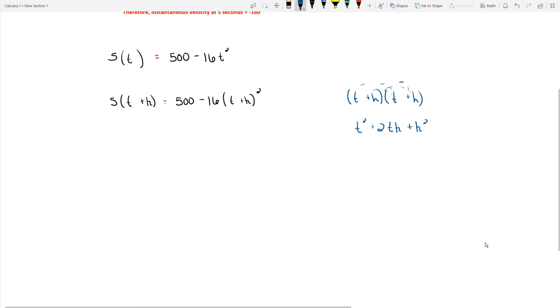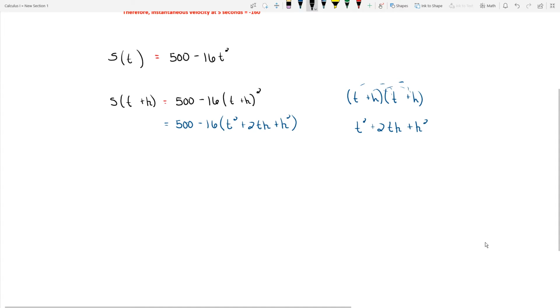So here we end up with 500 minus 16 multiplied by t squared plus 2th plus h squared.